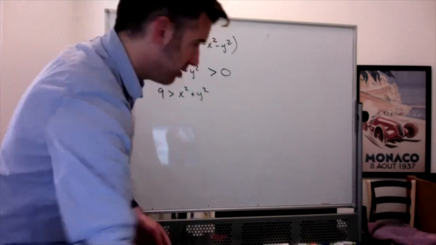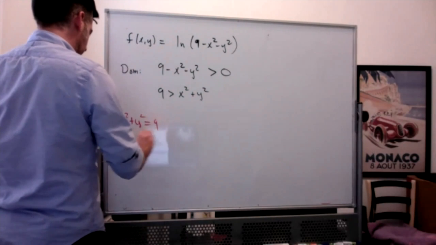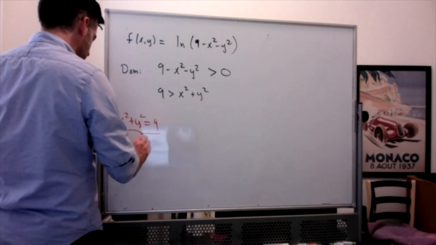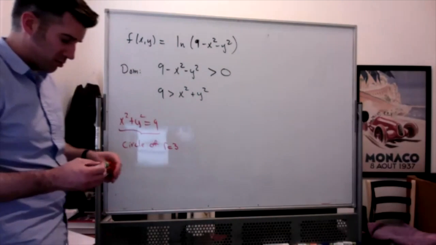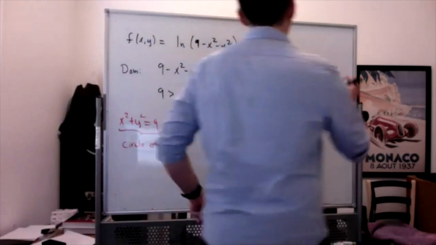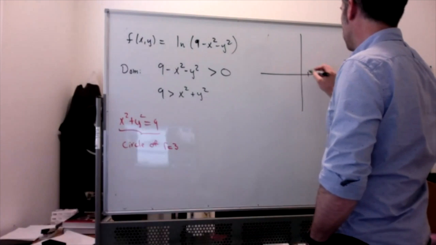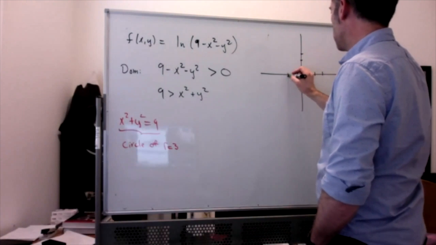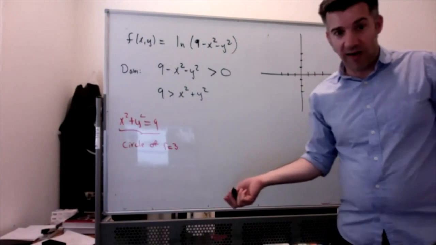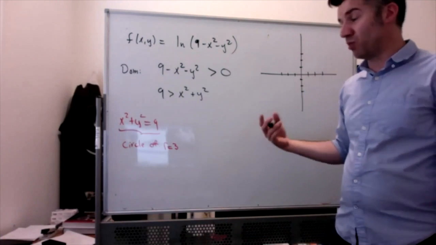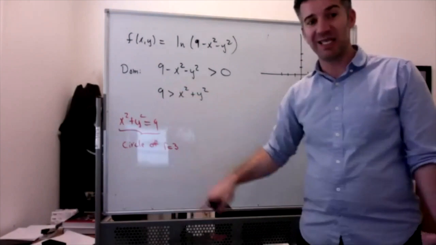We know that x squared plus y squared equal to 9 is a circle of radius 3, center at the origin. So if I'm going to start graphing my domain here, I definitely need to graph the boundary, but I know I don't want to include it because I want x squared plus y squared to be strictly less than 9.